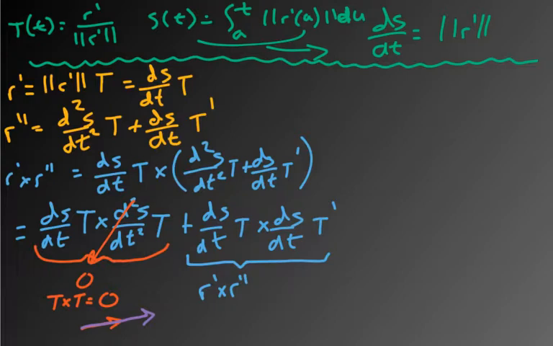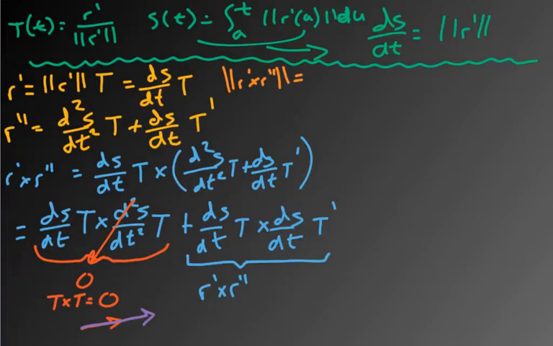So I'm going to move that up here. So we got r prime cross r double prime. I'm going to need to take the magnitude of this thing, as per the formula for the cross product.